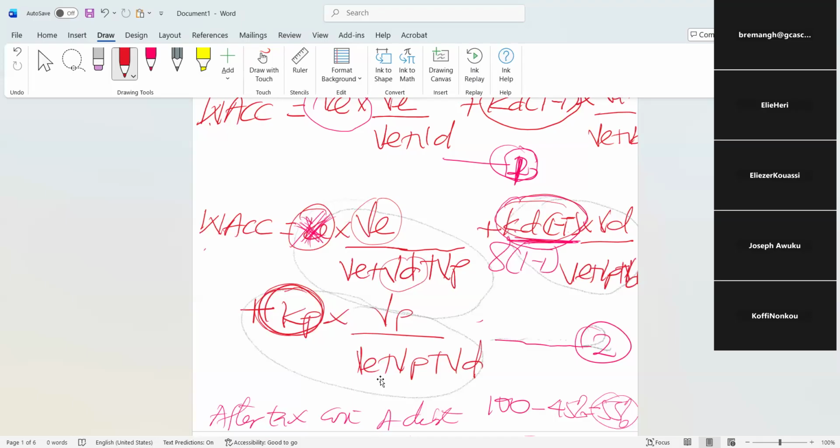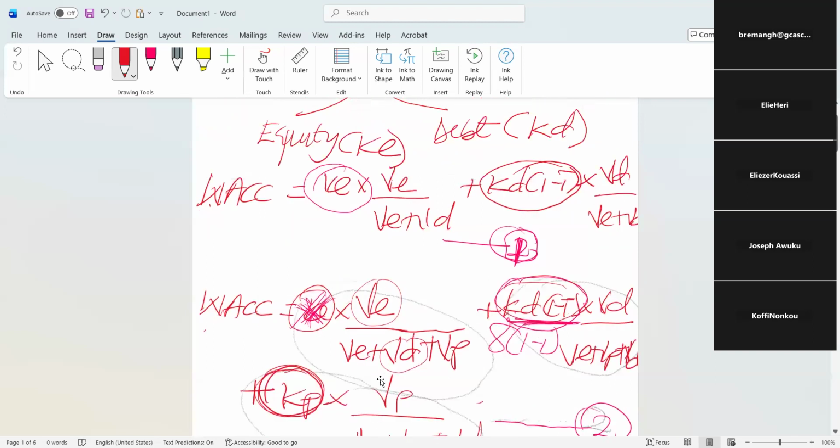Please, I have one question. When we were talking about the cost of capital, the WACC, the weighted average cost of capital, we said it is the cost of equity times the value of equity over the value of equity plus value of debt plus value of preference share. Then we do that for debt, and then for preference share.